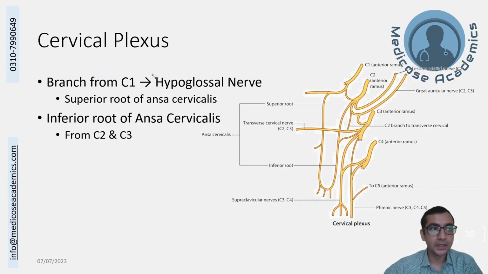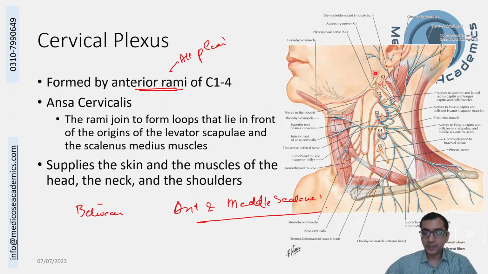Let's see the branches of the cervical plexus. First let me show you through the back picture again. If you notice, this is the hypoglossal nerve, going through the head and neck to the tongue. As the C1 fibers branch from the plexus, they exit, and you may not see the C1 branches going elsewhere. C1 branches are just entering the hypoglossal nerve.